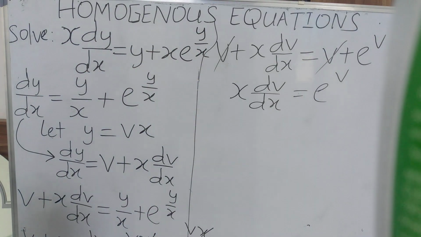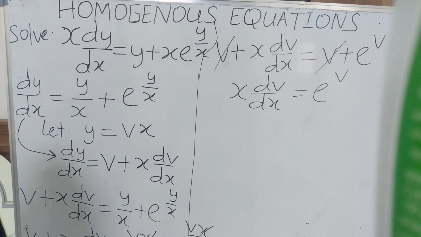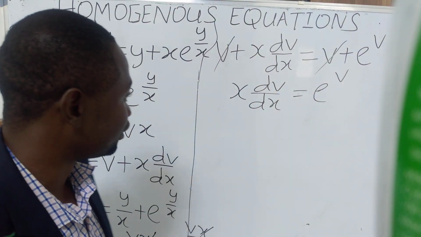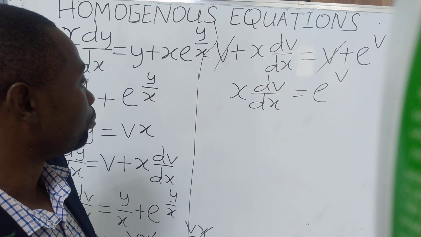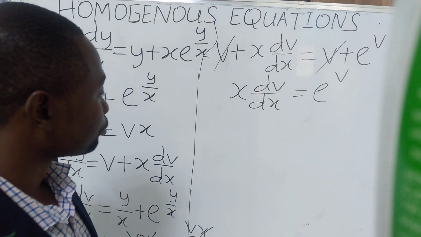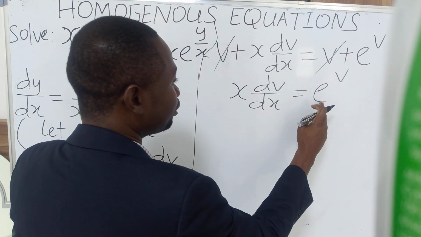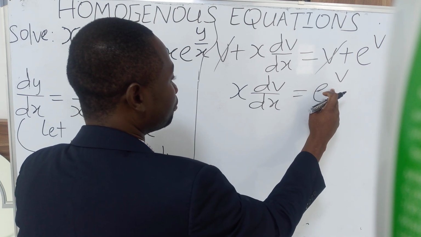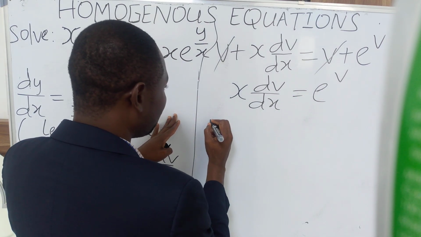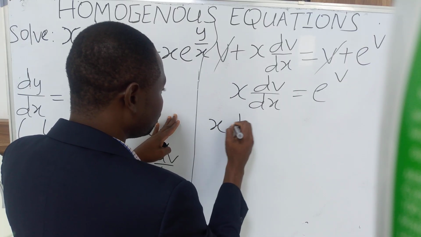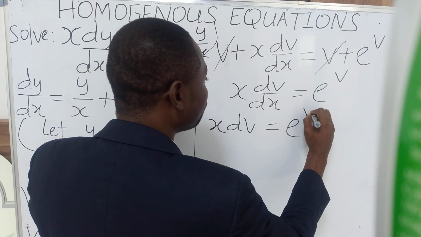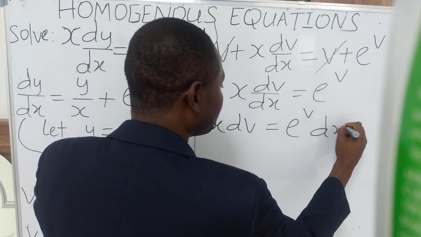So the next thing now, from here, I'm going to use separation of variables to separate the v and the x. How do we do that? Let me first cross multiply. I will have x dv is equal to exponential v dx.